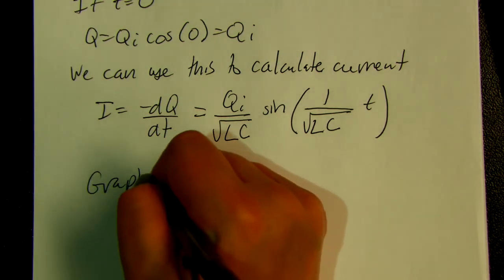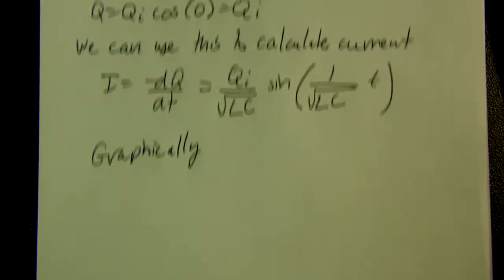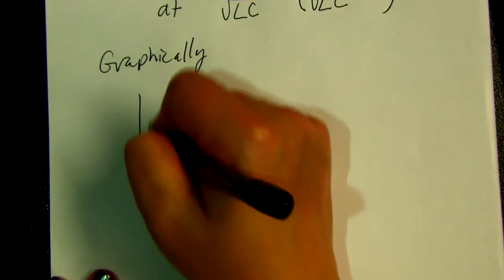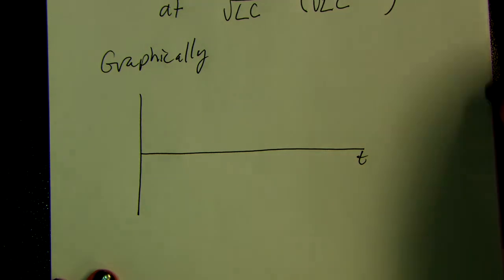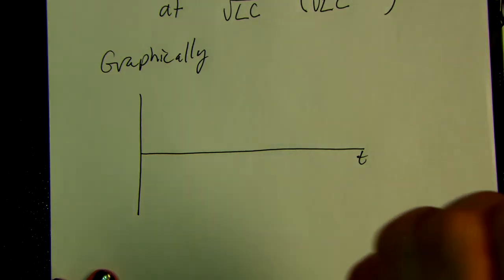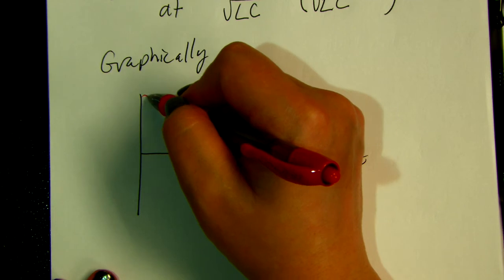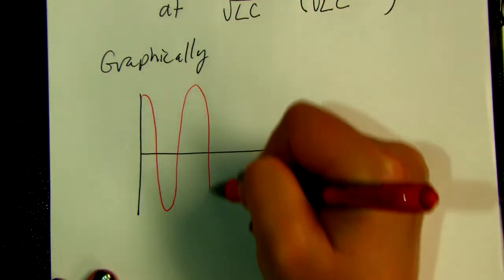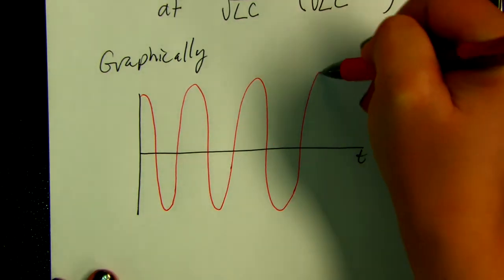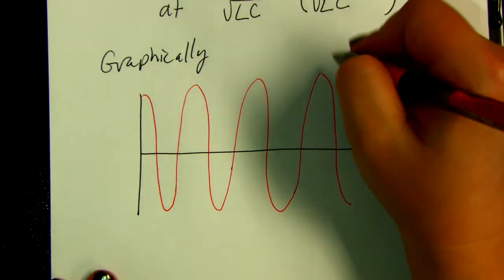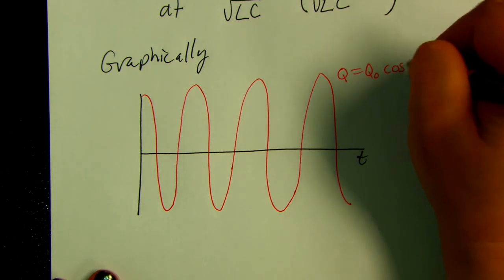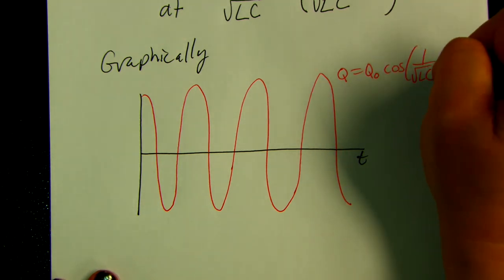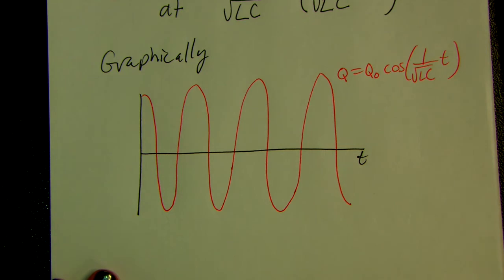Graphically, what we're looking at would look something like this. So we can plot charge, where Q is equal to Q naught cosine of (1 over root LC) times t. And then I can plot current.